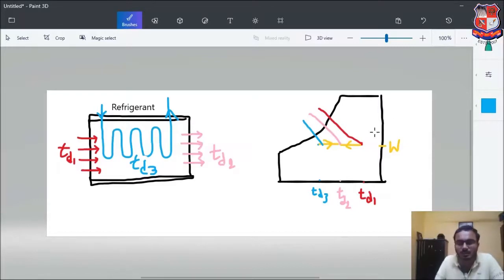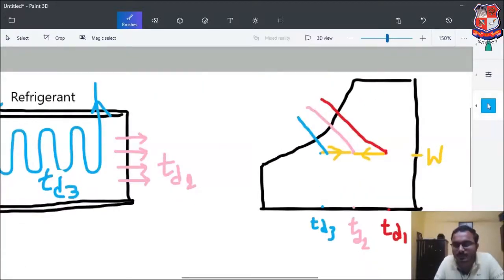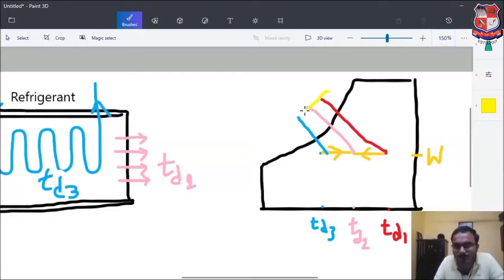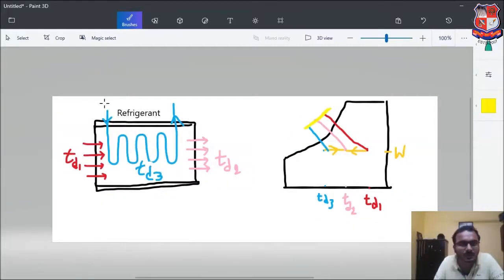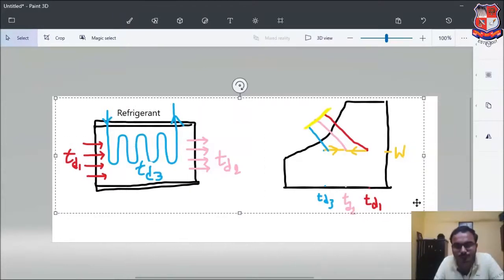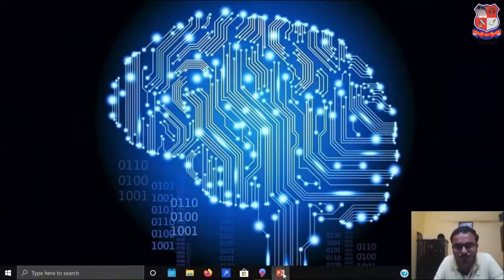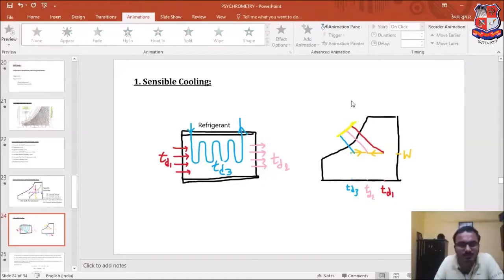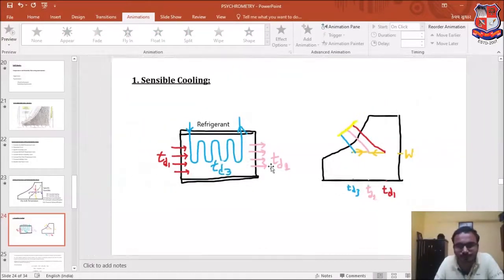So these will be the values of enthalpies which will be obtained from here. As you can see, the enthalpy will reduce as it is a cooling process. So we can take this figure. This will be our sensible cooling process.